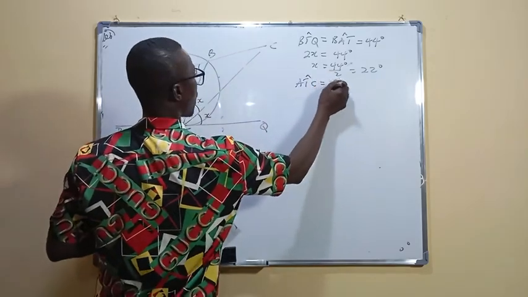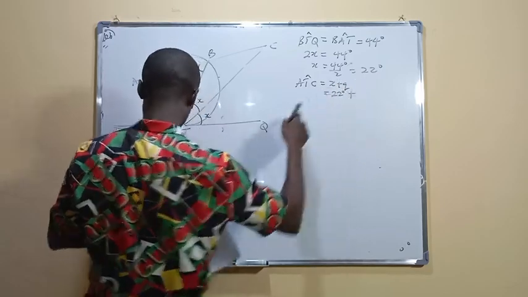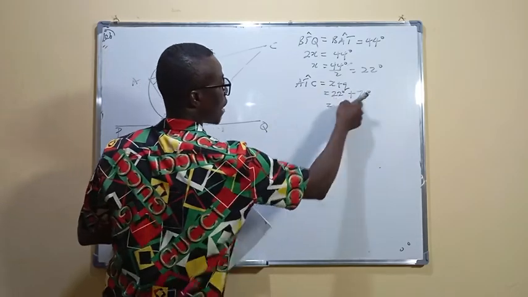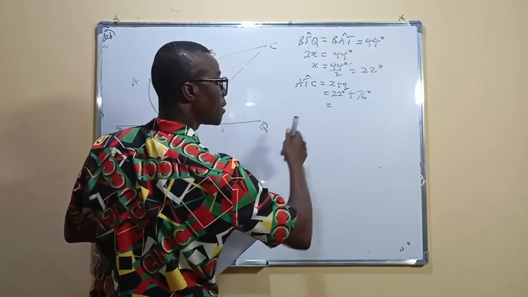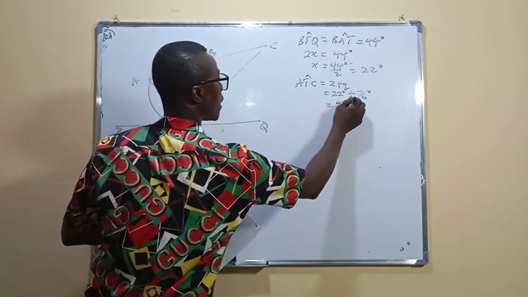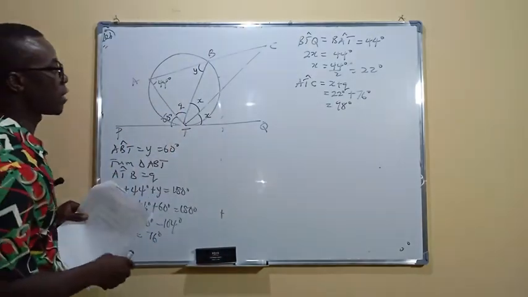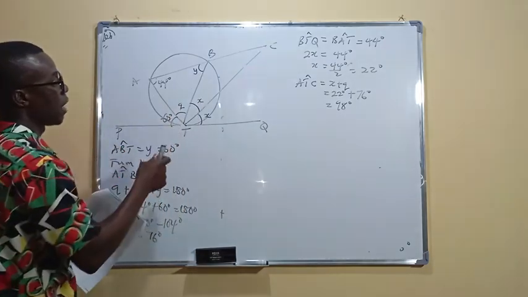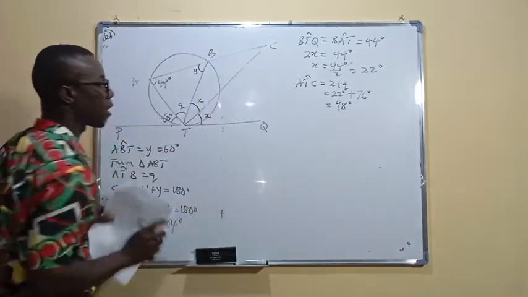So you can see that angle ATC, which is equal to x plus q, is 22 degrees plus 76 degrees, which should give us 98 degrees. So this entire angle here is 98 degrees, and I'm going to use this angle plus the whole of this plus this, that's angle on a straight line.